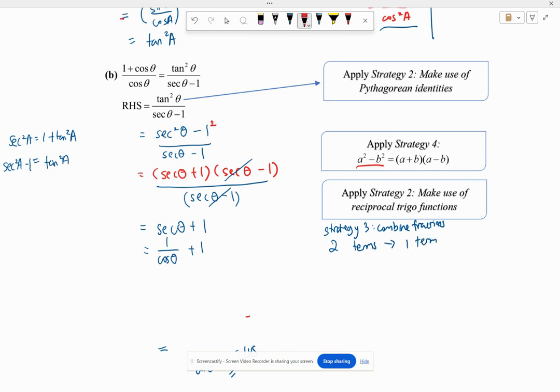So if the denominator here is cos θ, I multiply the 1 by cos θ over cos θ. And I have the same denominator, cos θ, which is exactly what we want on the left-hand side. So I have 1 plus cos θ over cos θ, and it equals the left-hand side, and we have proven it.